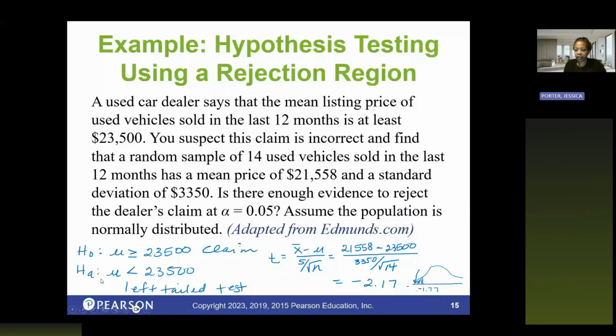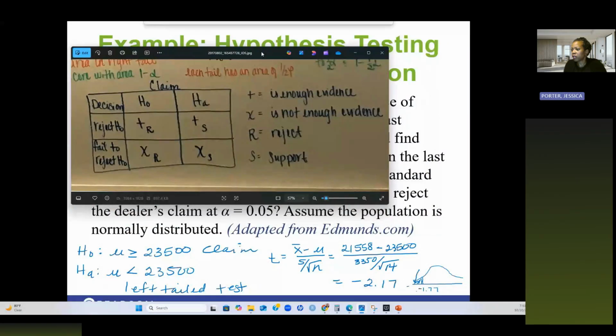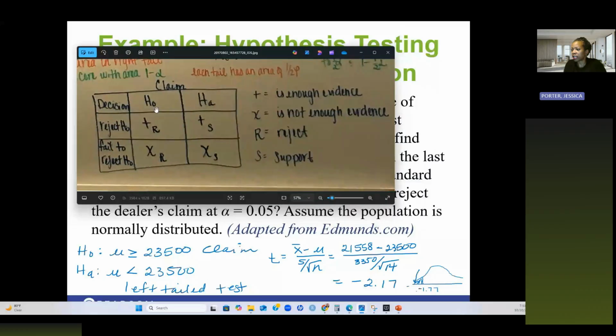The claim was the null hypothesis, and I am in the rejection region, so I'm rejecting the null hypothesis. And so there is enough evidence to reject the claim.